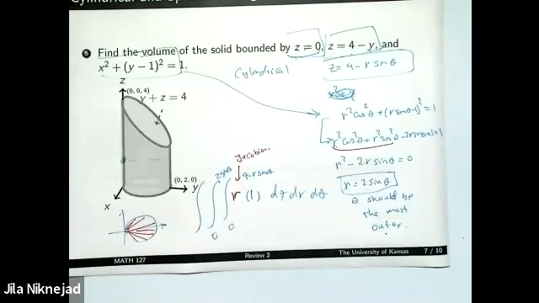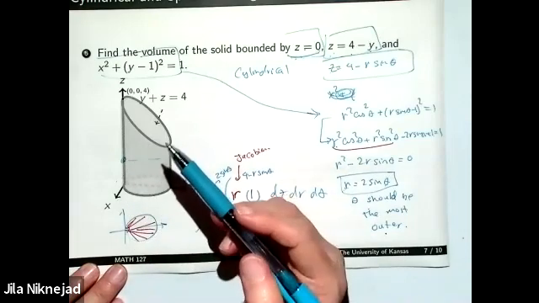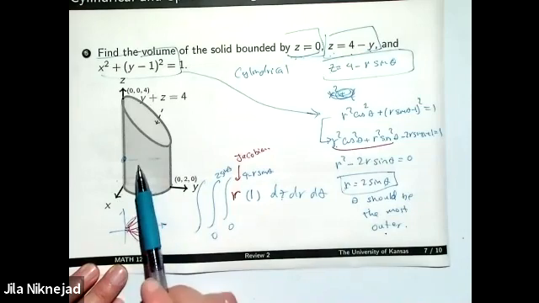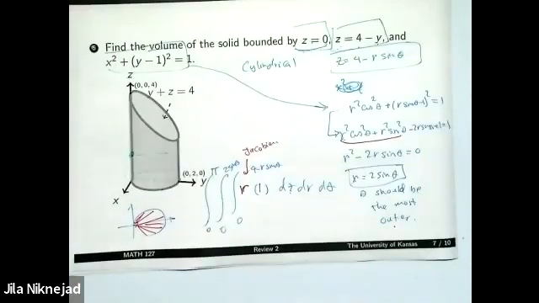so theta is also important. Where does theta go to? Theta seems to be only in which quadrant? Theta is from when x is positive all the way to x negative. So it goes from 0 to pi. So the shape is in the first octant and second octant.